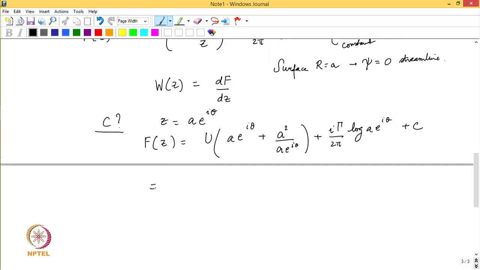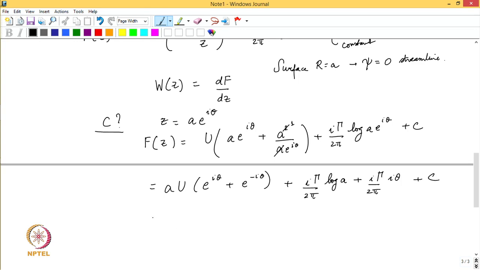So, let us simplify this. We have one a will cancel from here, right. So, we can write this as u, a will be common. So, we will have e^(iθ) plus e^(-iθ), plus iΓ by 2π, we will have a log of a, plus iΓ by 2π log of e^(iθ), which will just be iθ, plus c. e^(iθ) plus e^(-iθ) will just give me 2 cosine θ.